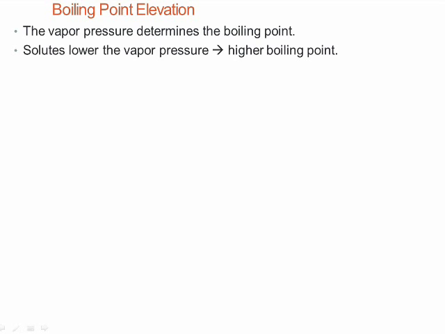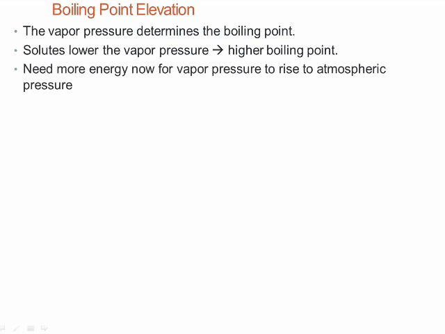That means you're going to have a higher boiling point, more temperature to get those guys boiling. Since the vapor pressure is lower, we're going to have to apply more heat, thereby raising the temperature, thereby getting a higher boiling point. So you're going to need more energy now for the vapor pressure to rise to atmospheric pressure.